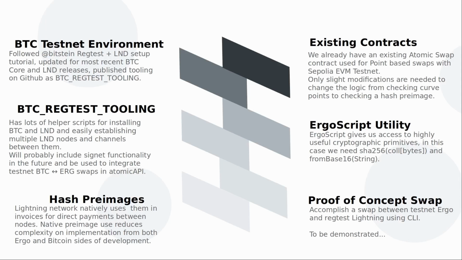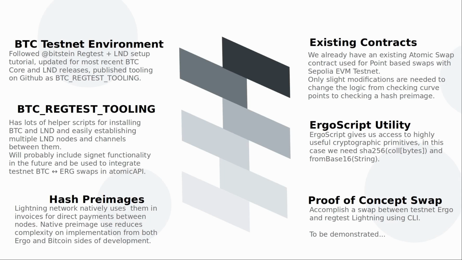For this implementation, we need hash preimages, which are natively used already in the Lightning network, which makes it very convenient. It reduces the complexity on development from both the Bitcoin and Ergo sides. We already have an existing atomic swap contract used for point-based swaps, also known as PTLCs, in comparison with HTLCs, which are hash-based swaps.